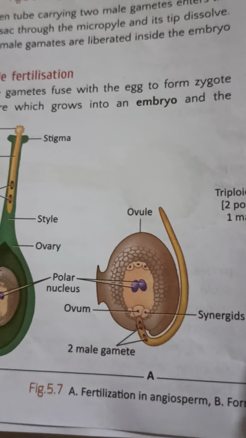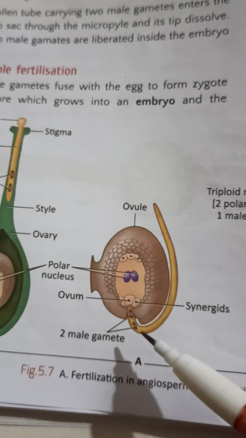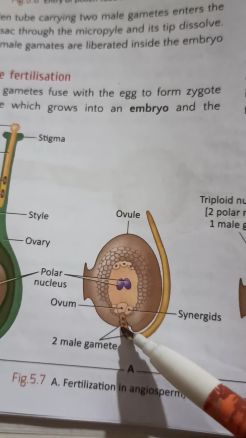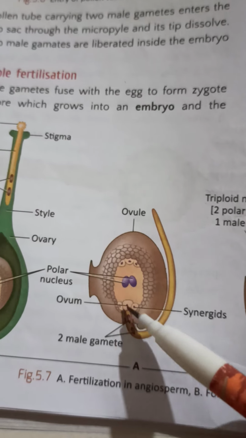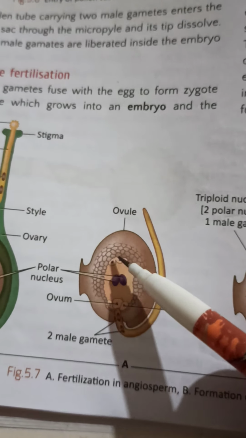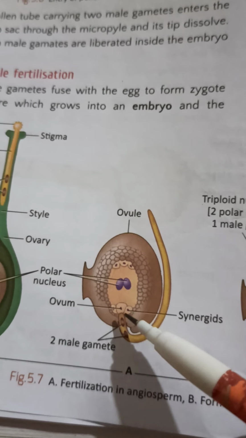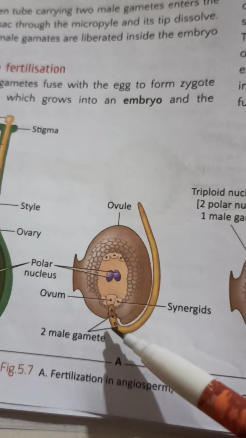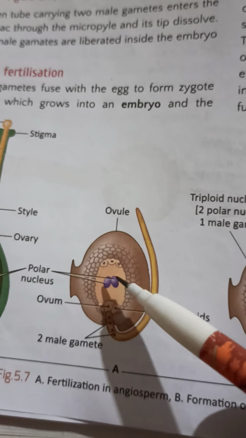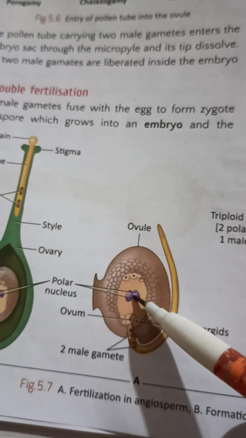Here, when the pollen tube comes to this region, the micropyle, two male gametes enter into this segment. One male gamete fuses with the ovum and another male gamete fuses with the centrally located polar nucleus.